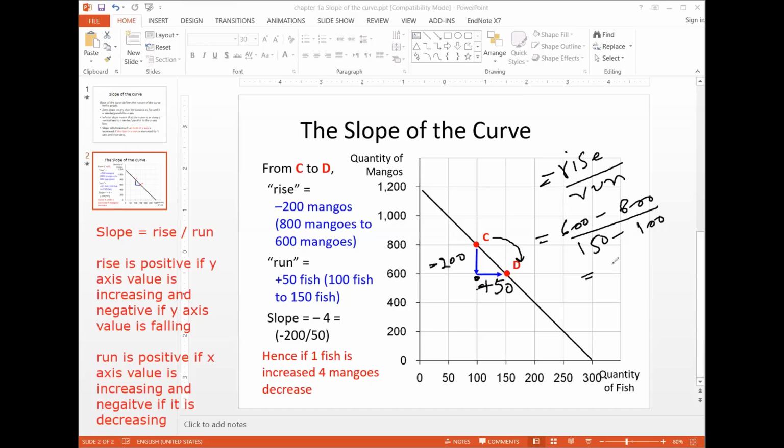So that will be equal to minus 200 divided by 50. Cancel a zero, that is minus 20 by 5, which is minus 4. So this is the way we calculate slope.